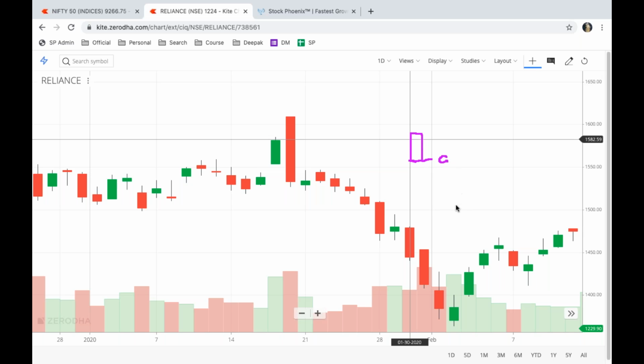Next day it's a complete gap down, and it opened and closed. Still the volume will be in red, the candle will be in green. So this kind of controversy will happen. In this case, we should not buy. That is what I am explaining to you. Very simple, right?